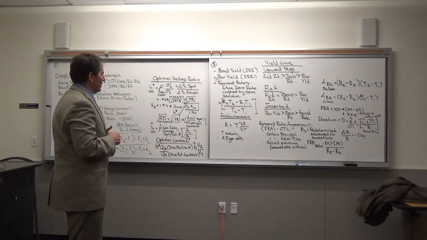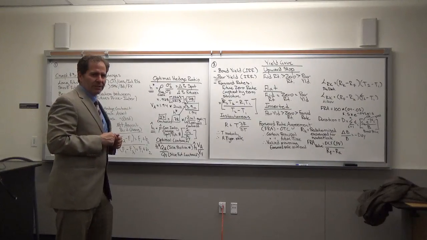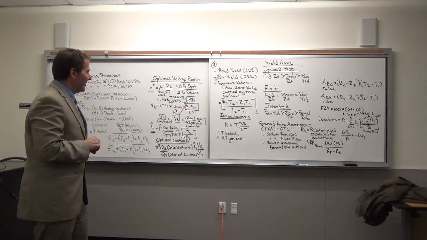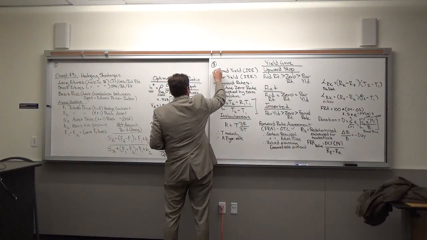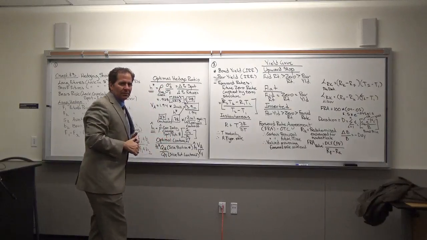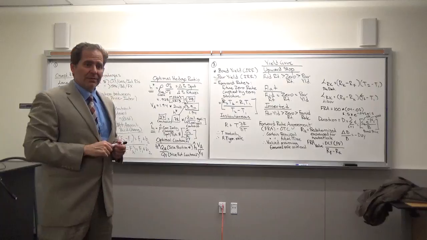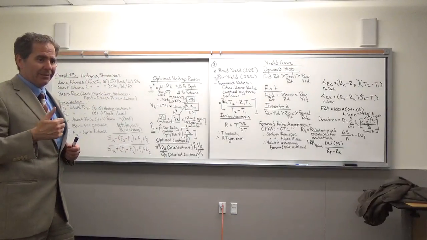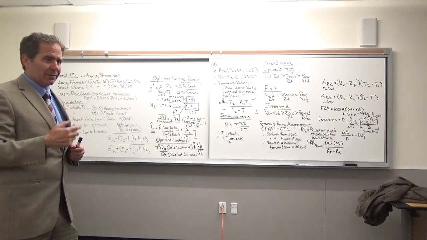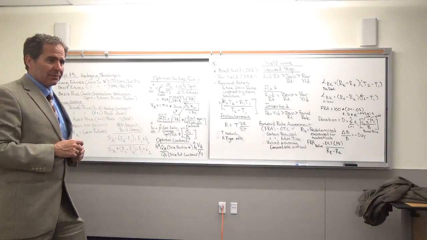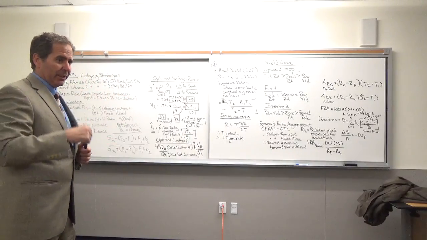So the next is bond yields, bond forward curves, and zero curves. We know that the bond yield is basically just the IRR. So you can solve the bond yield if you know the N, the I, principal amount, coupon, and you can solve for the yield to maturity of the bond.